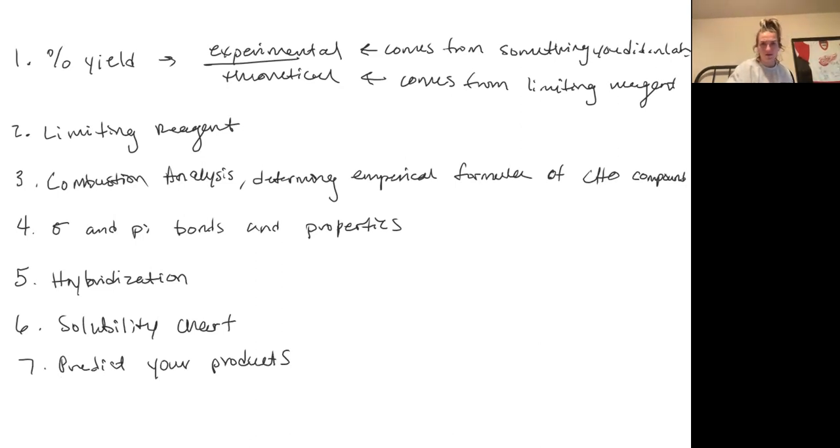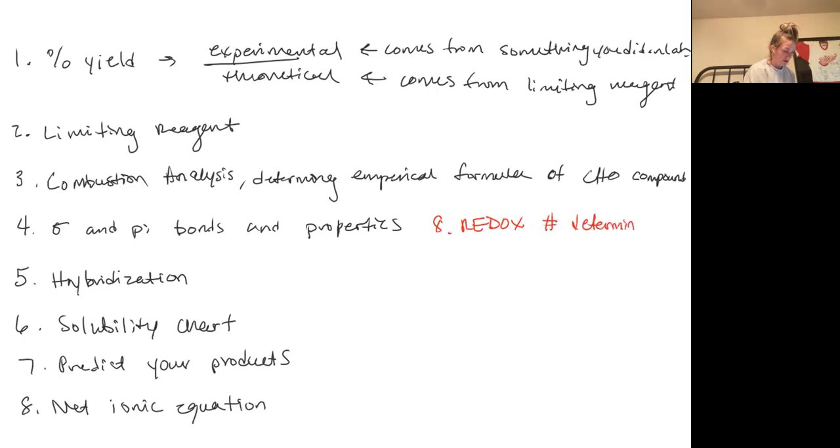Let me look at exams. You want to know your net ionic equation. So 8. You want to know redox number determination. Let's say we need to know titrations.